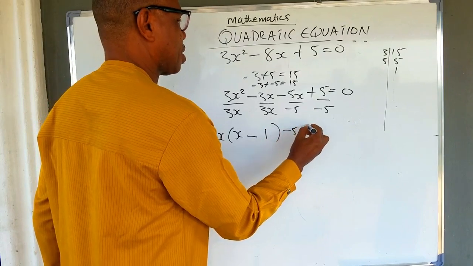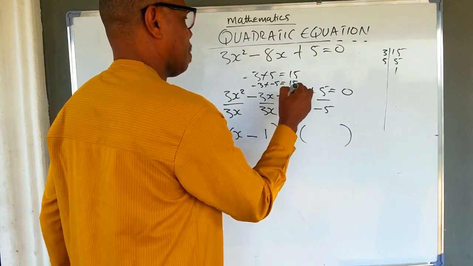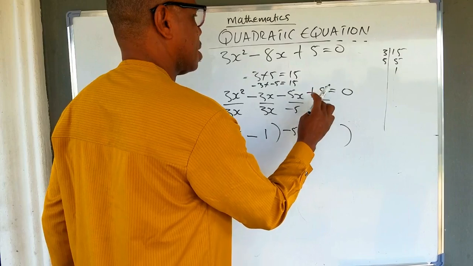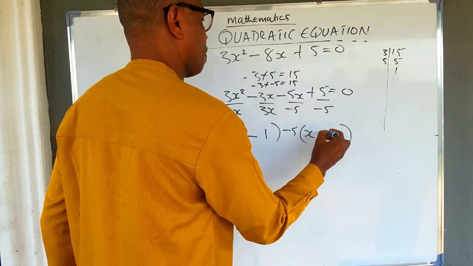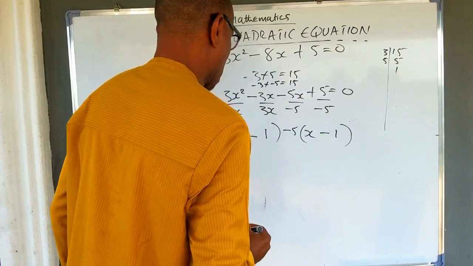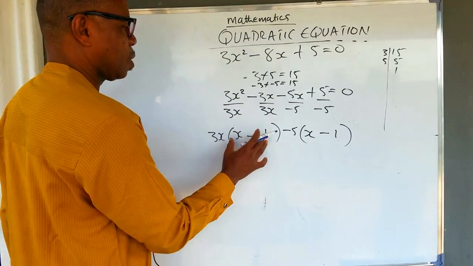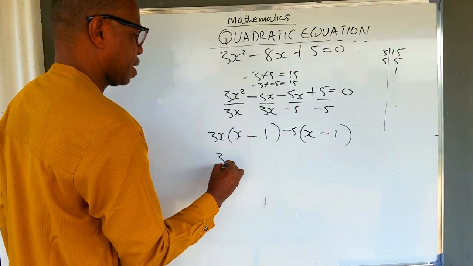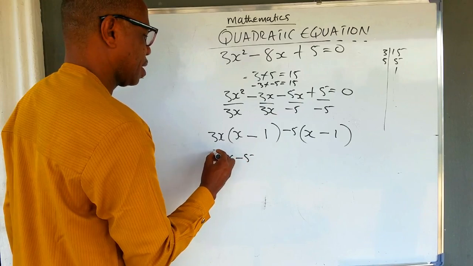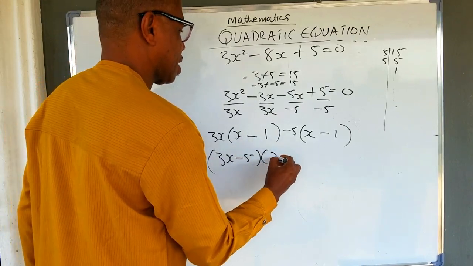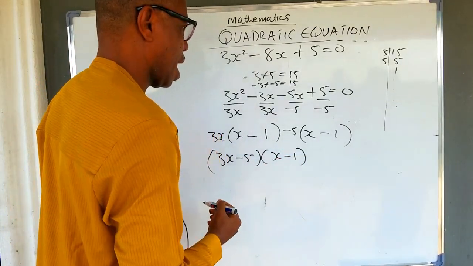And I bring the minus 5 outside too. And if I divide minus 5x, what I have left is x. And if I divide plus 5, what I have is minus 1. So I will choose only one of those in the bracket. So I now have 3x minus 5 as one of my answers and x minus 1 as one of my answers.